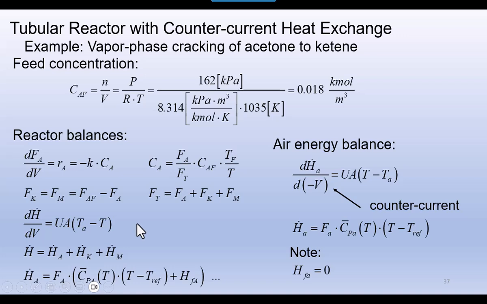The energy balance is relatively easy to deal with here in terms of the enthalpy that we have in modeling the heat transfer. And we have that enthalpy being that of all three components. And here's one example of how we get one of those.